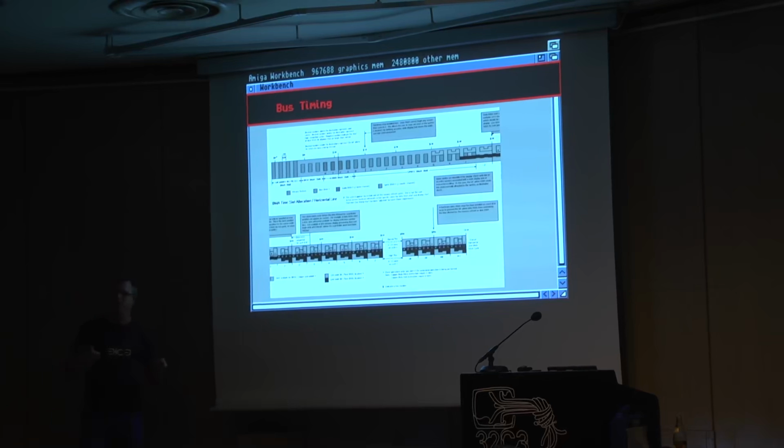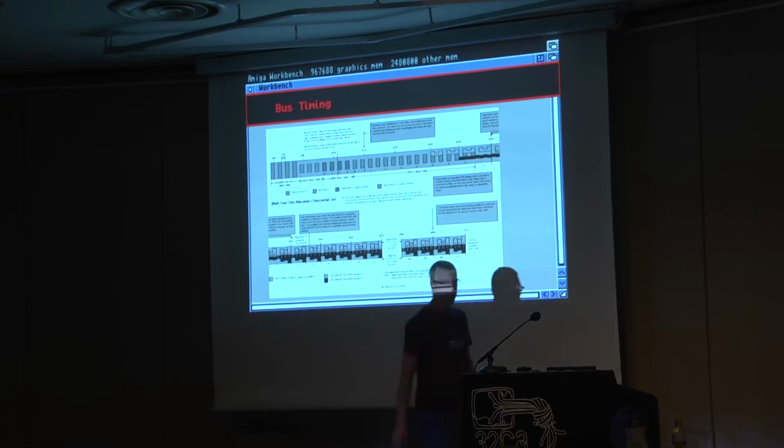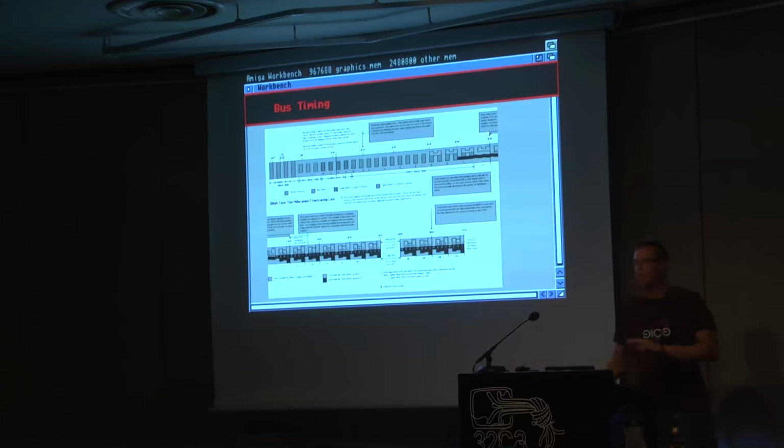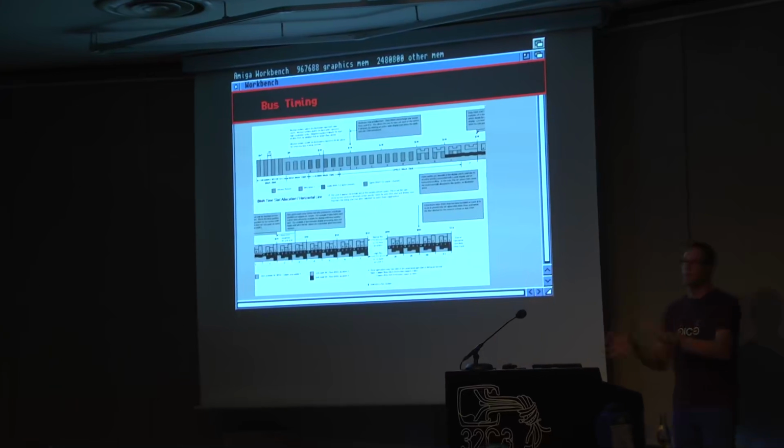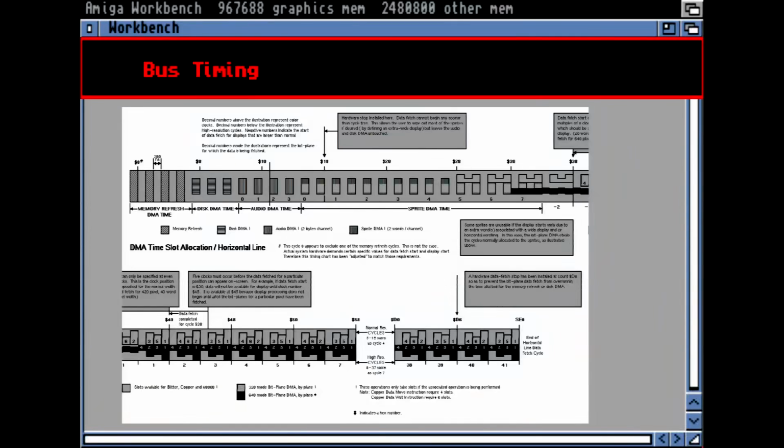The chip RAM was attached to the custom chips, and because of that, it was called slow RAM, okay? The slow RAM is because the chips were accessing the bus here for the display, and the CPU couldn't access it anymore, and that's why it's called slow RAM, compared to the fast RAM, which was in this 8 megabyte autoconfig space. The chips didn't have access there, and that's why it was called slow and fast RAM.